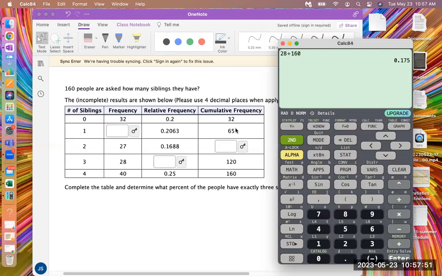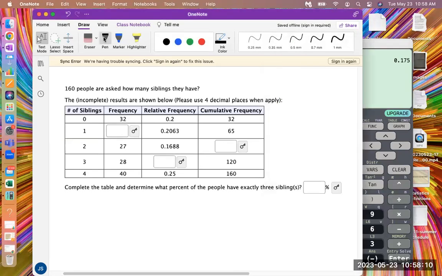So you could get this answer by just adding together the 27 people who had 2 siblings, plus the number of people who had 1, which was 33. We already solved for that, and we saw the answer there was 33. Plus the people who had 0 siblings, 32. So that's one way to find that answer.